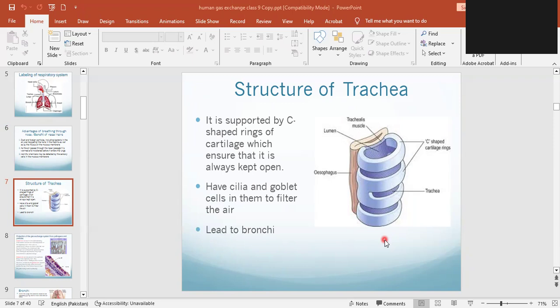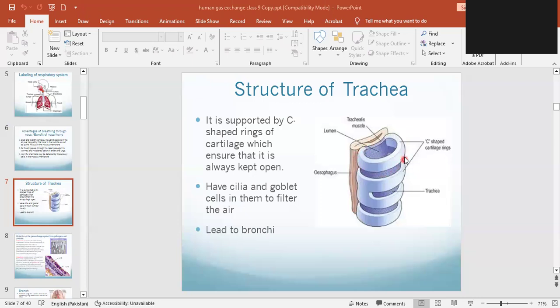How would that air supply be possible 24/7? The airway should be open all the time. And how is it open all the time, especially the trachea? It is supported by some soft bones known as cartilage in a C-shaped structure, a C-shaped ring.